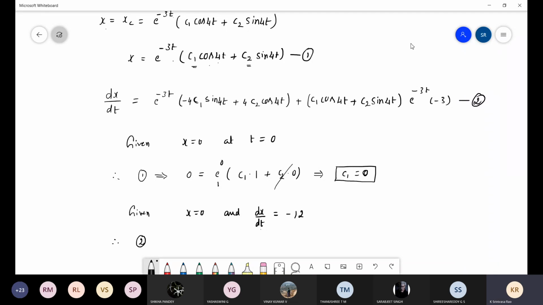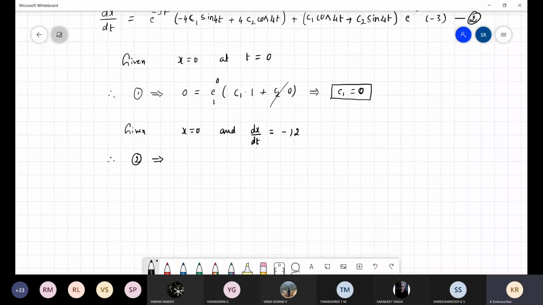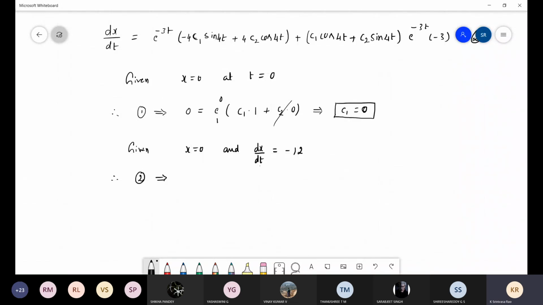Therefore, equation 2 implies, substitute. Given t equal to 0 at x equal to 0, and second, given t equal to 0 and dx by dt is minus 12.